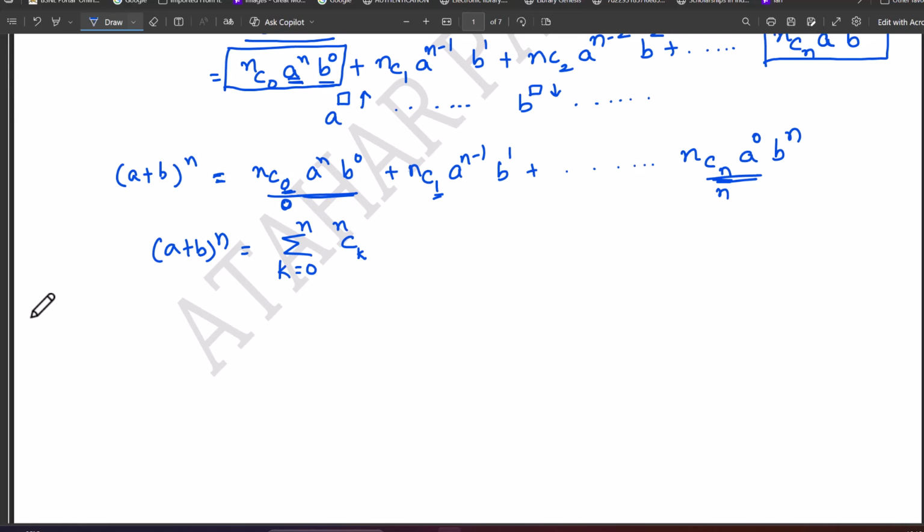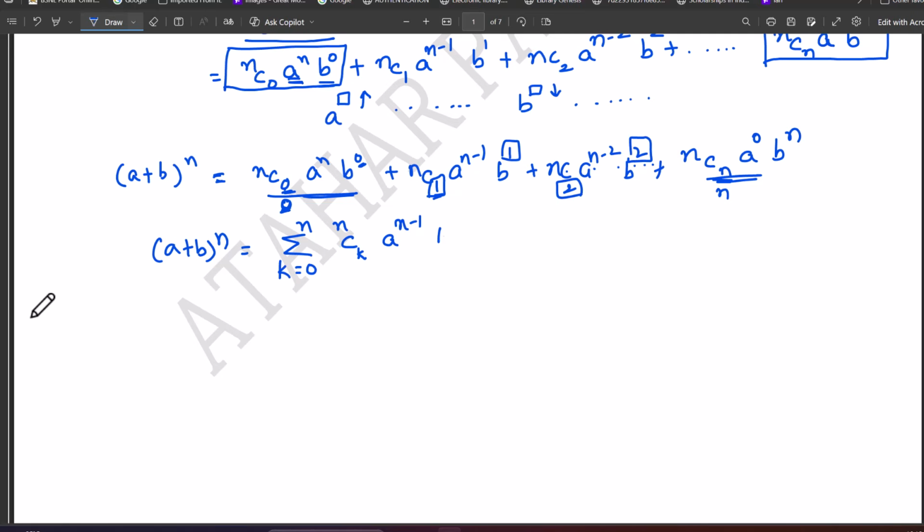Then what is the power of A doing? It is going on decreasing, so I will write n minus k. What is the power of B doing? Power of B is following our k. Here it is 0, it will be 0 here. Here it is 1, it will be 1 here. You get my point, right? So if you write nC2, A to the n minus 2, B to the 2. Here it is 2, here also it will be 2, right?